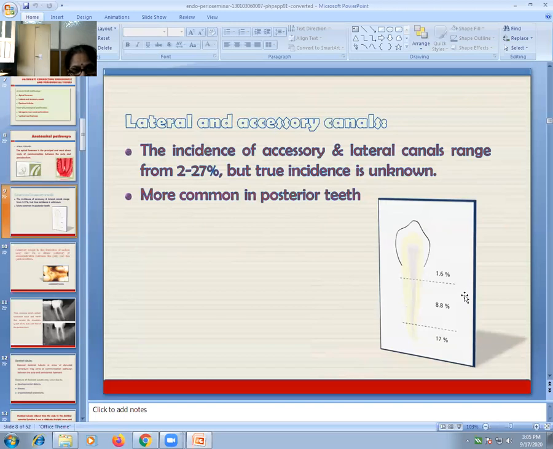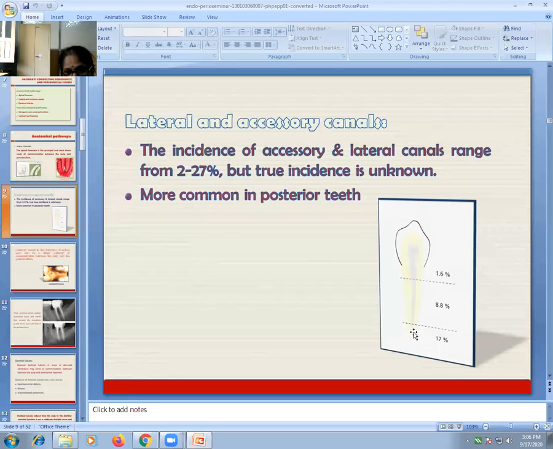Next come the lateral or accessory canals. What are they? As you know, in the natural anatomy of the root and pulpal space, there is a central canal. Along with that, you can see accessory canals, which pass laterally.